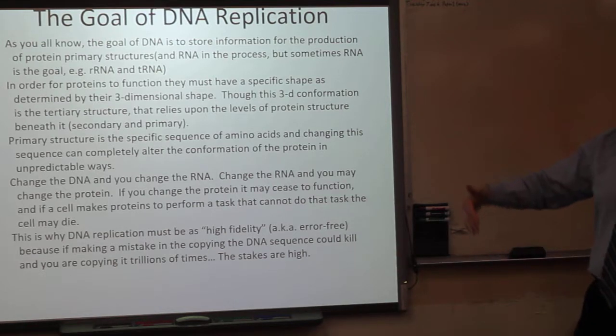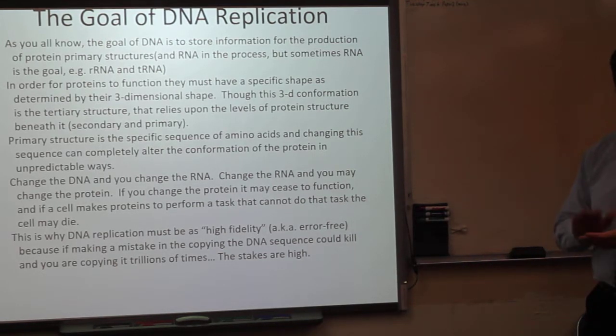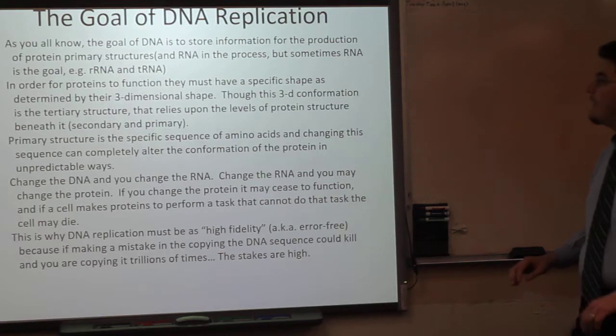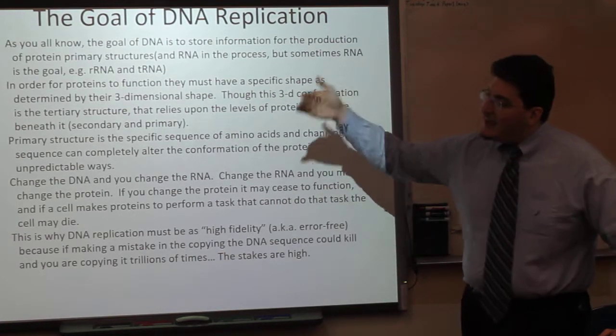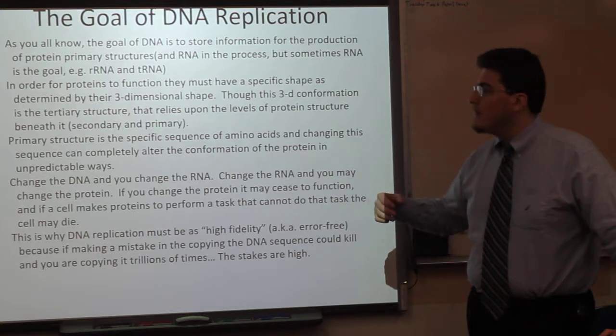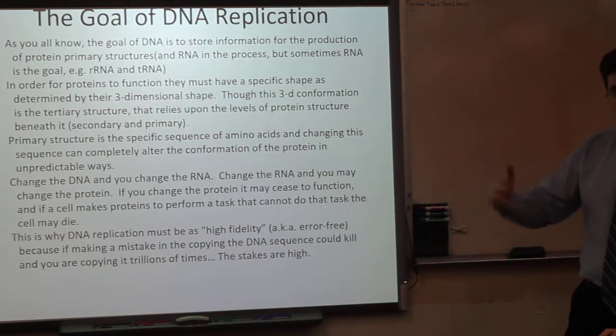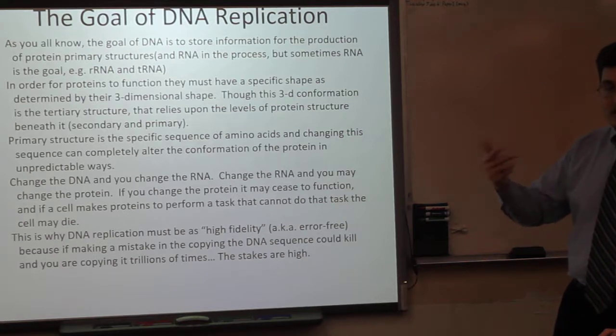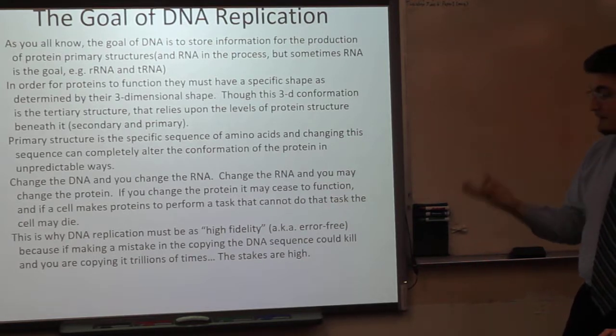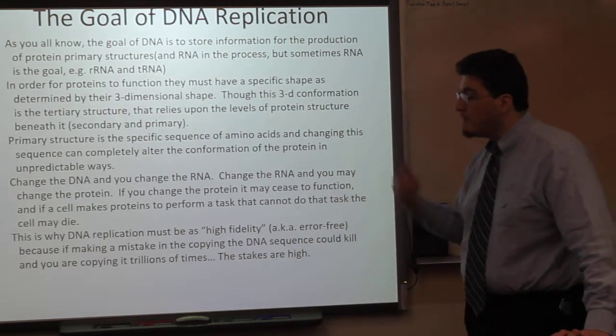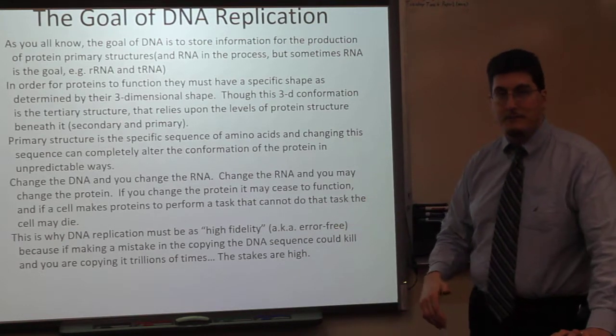The primary structure is a specific sequence of amino acids that forms the polypeptide chain. And if you change that specific sequence, then you completely alter the tertiary structure, the 3D conformation of a single polypeptide chain.